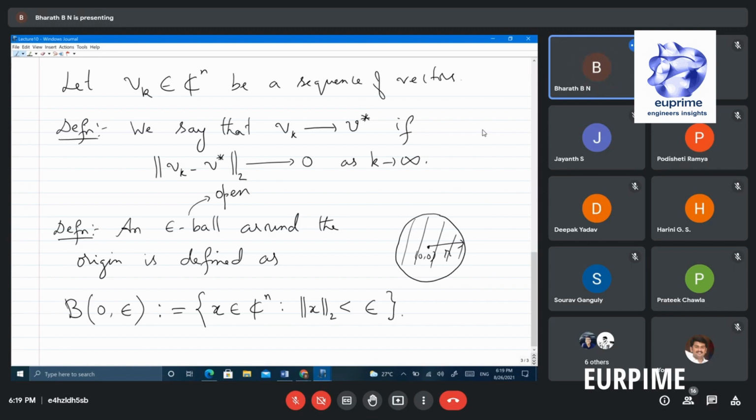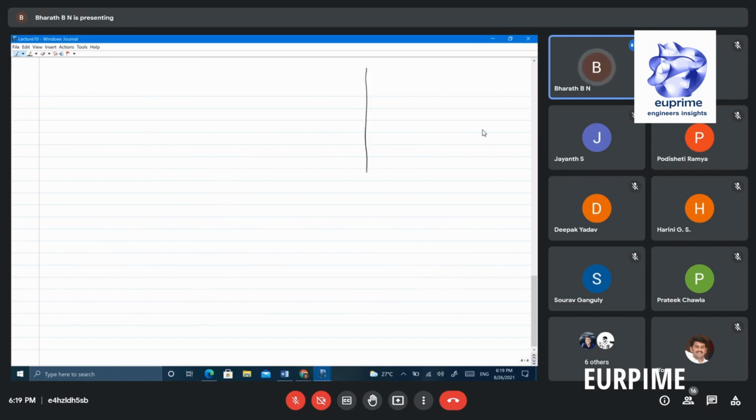Now, how do you define a ball around some point y? Let's say this is the picture. This is your origin, this is your point y, and I want to write an epsilon ball around this. So this is how I write the ball around y.